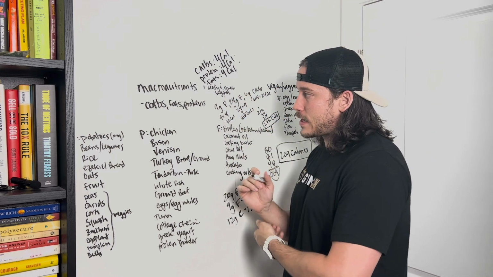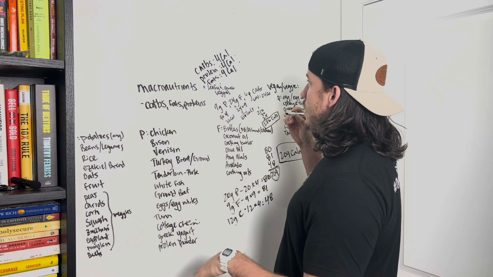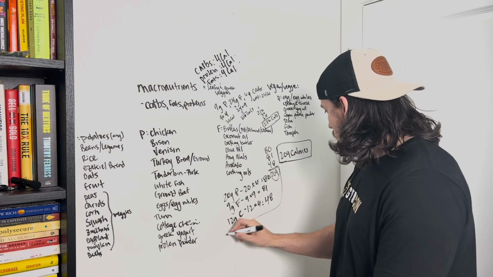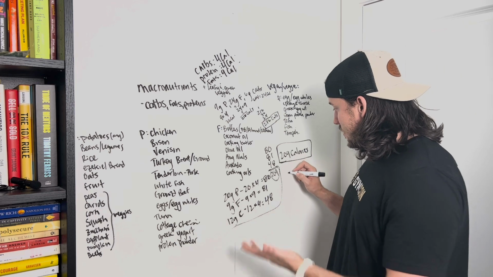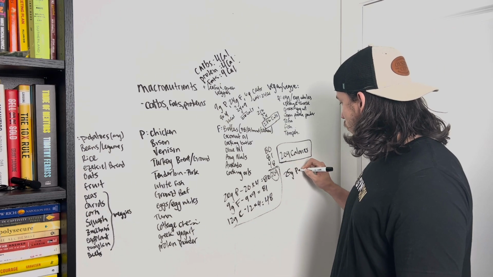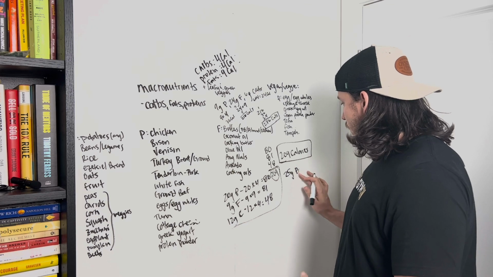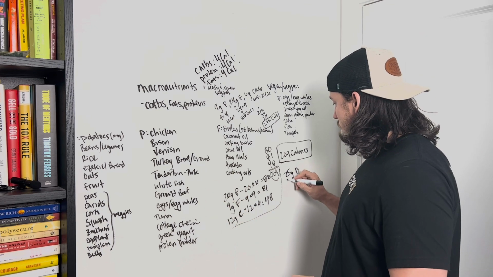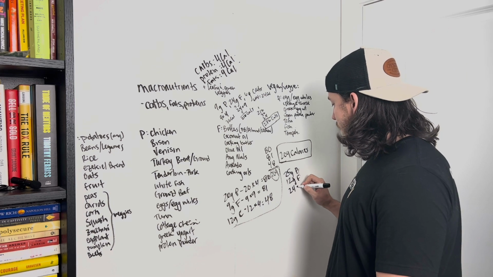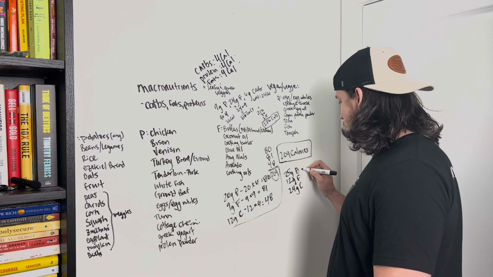So let's go with something else. This food is 25 grams protein, 12 grams fat, and 24 grams of carbs, okay?